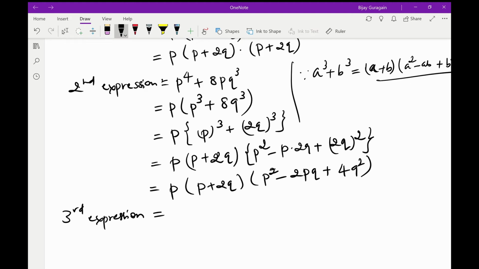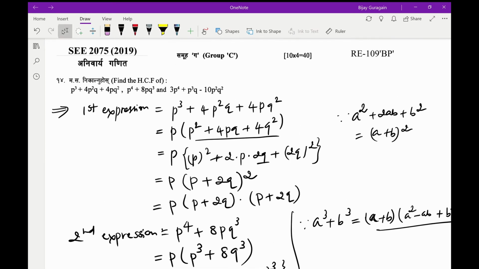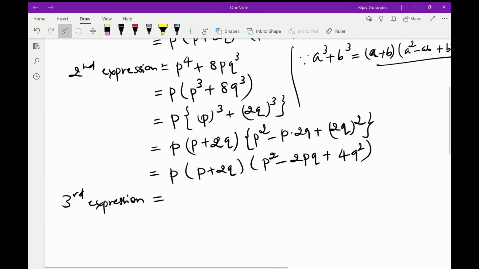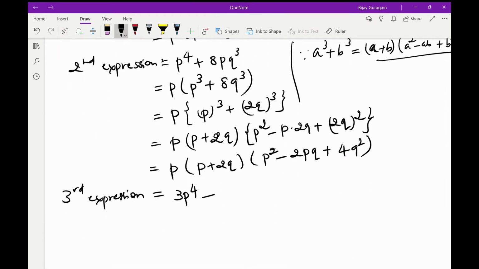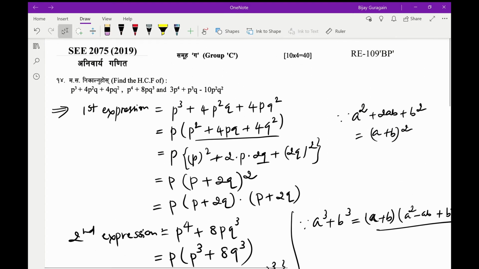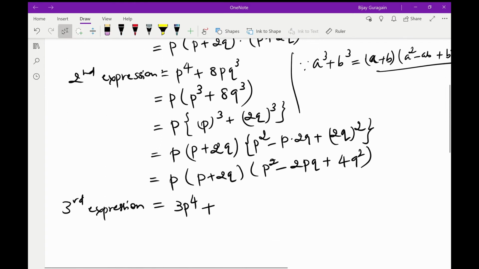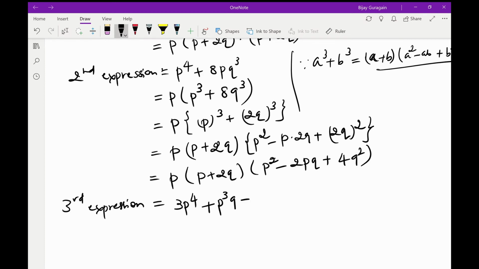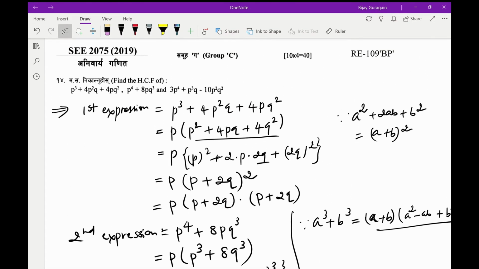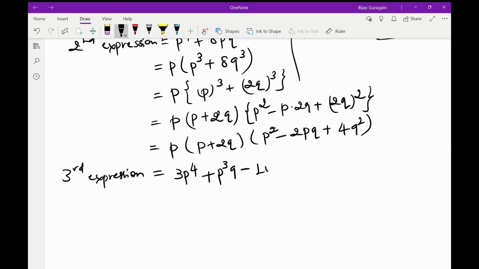Now let us factorize the third expression, which is 3p⁴ + p³q − 10p²q². From here we can see that p² is the highest common factor we can take, so it becomes p²(3p² + pq − 10q²).